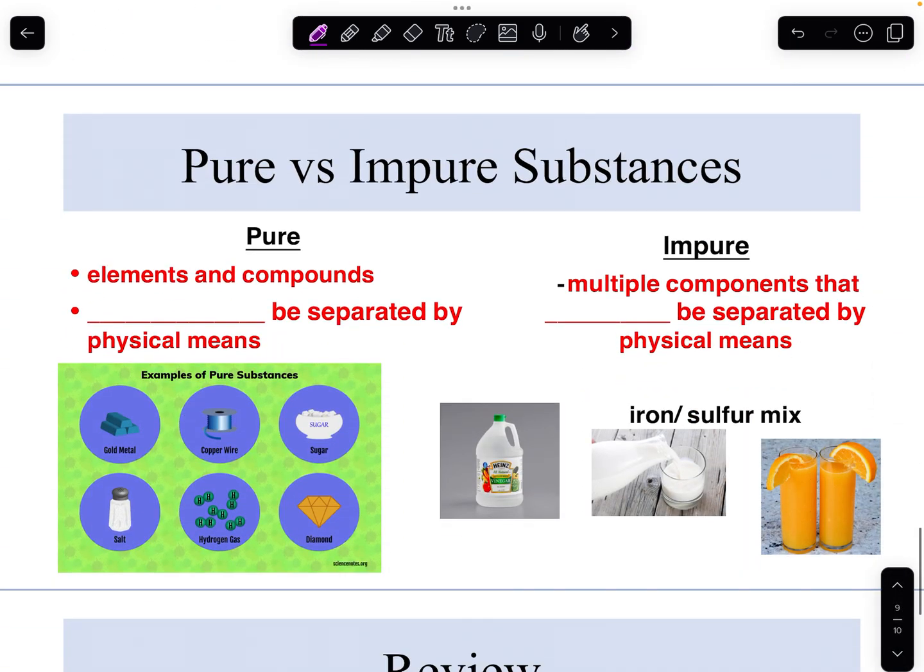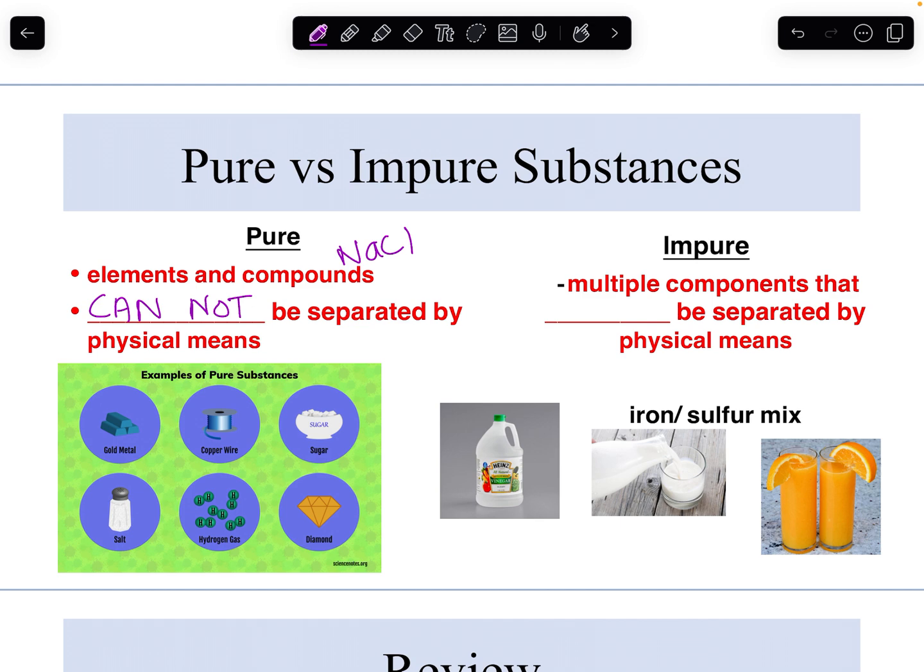All right, pure versus impure. Pure substances, we call them elements and we call them compounds. Remember, elements are on the periodic table, which we're going to learn a lot about this semester. And compounds are two or more elements together. Pure substances cannot be separated by physical means, meaning I cannot take a compound such as NaCl, table salt, and separate it by physically pulling it apart.